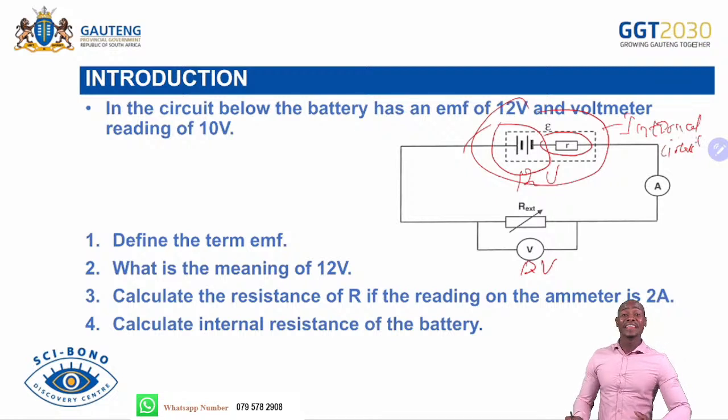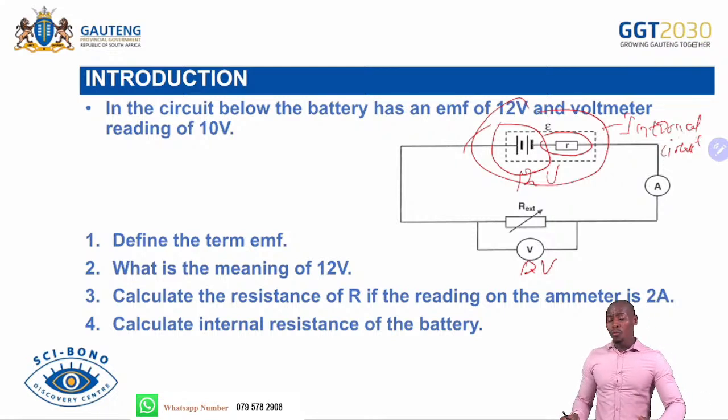And then anything outside the battery will be the external circuit. So when are we going to have two circuits in one, the internal and the external? If internal resistance is not ignored. The first one will be the internal circuit, the battery, and anything outside the battery will form part of the external circuit, all right?